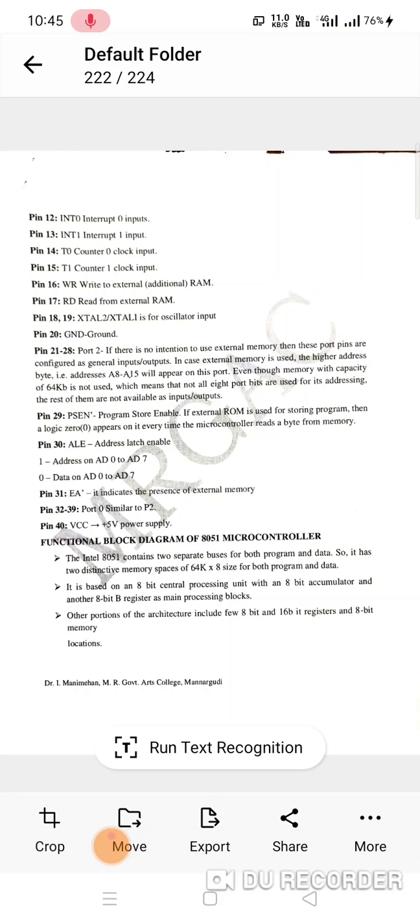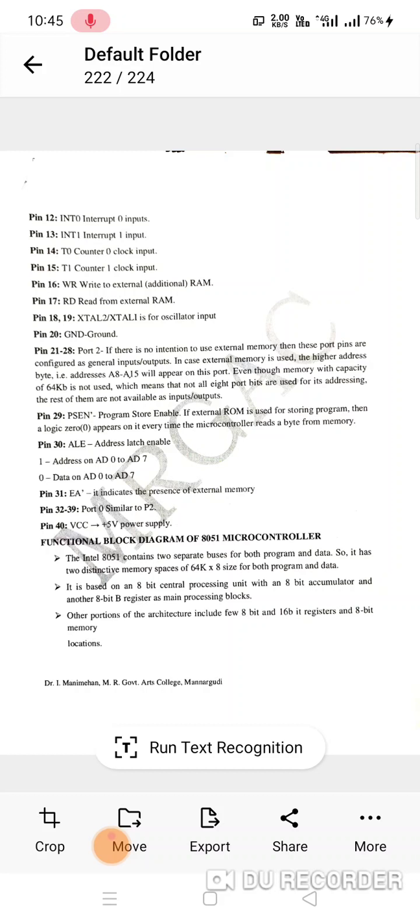Okay, so it is based on an 8-bit central processing unit with an 8-bit accumulator and another 8-bit B register as the main processing block. It contains an 8-bit CPU with an 8-bit accumulator and an 8-bit special purpose register, register B, in the main processing block.